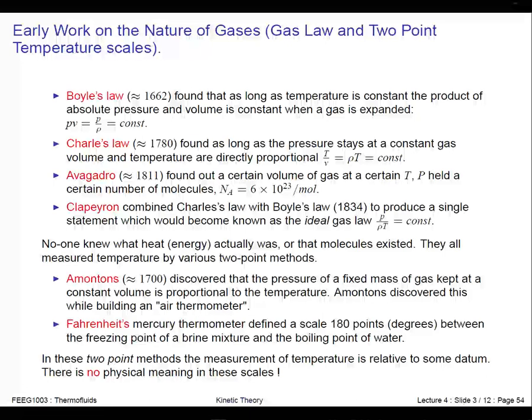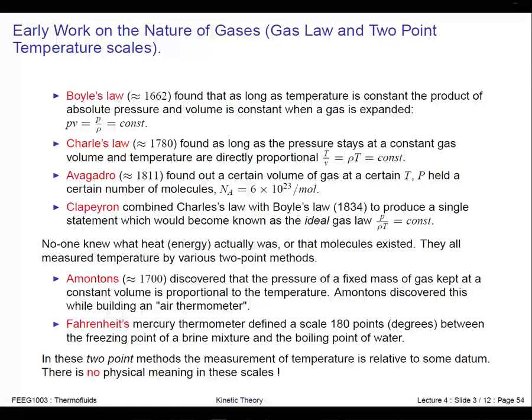And the problem really became manifest when people tried to measure temperature. Everybody knew what hot and cold was, and everybody wanted to measure it, to have a way of saying, well, this is 3 times as hot as this, and so on. Most of the temperature scales were based around either air or water, because they're the two most common fluids, and water was used in steam engines at the time.